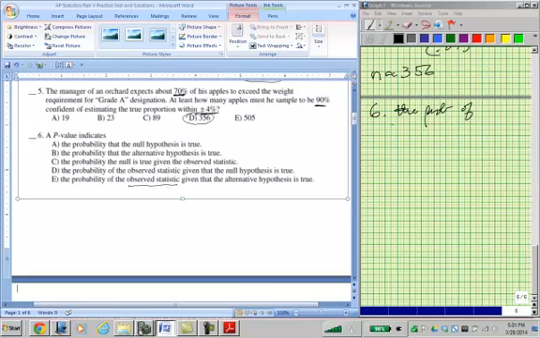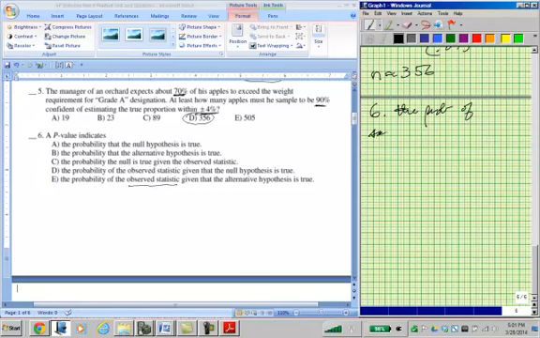The probability of the sample statistic occurring randomly, assuming the truth of the population parameter, which is what you're testing.